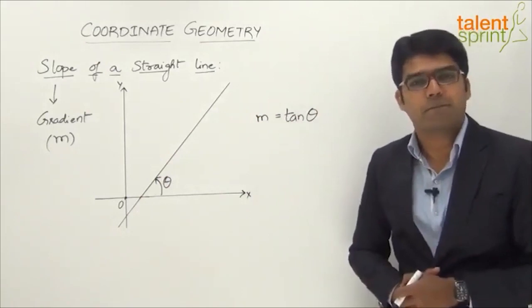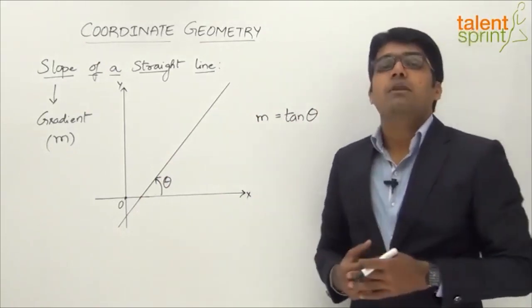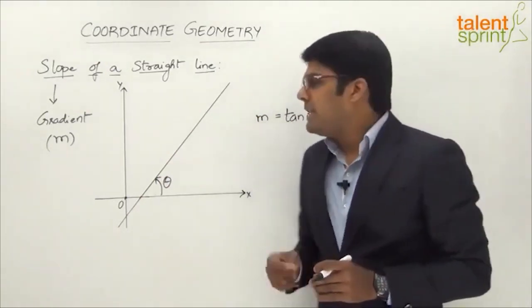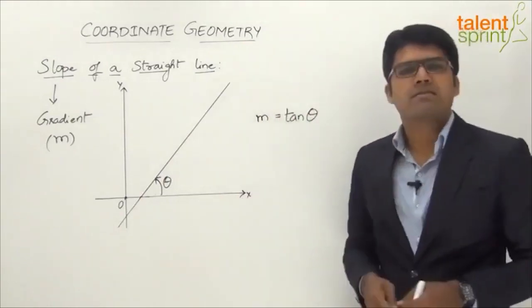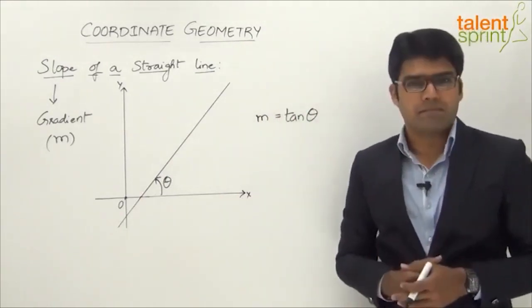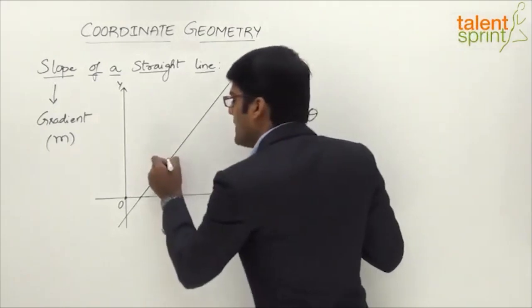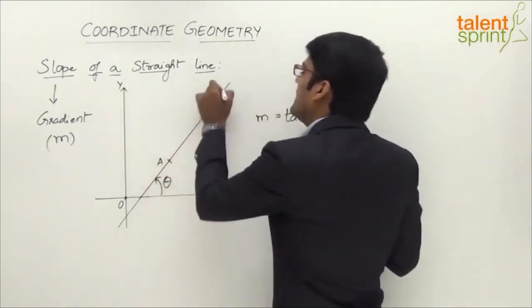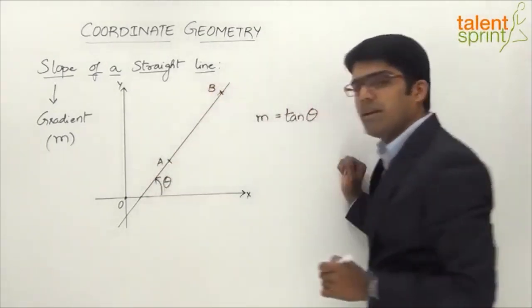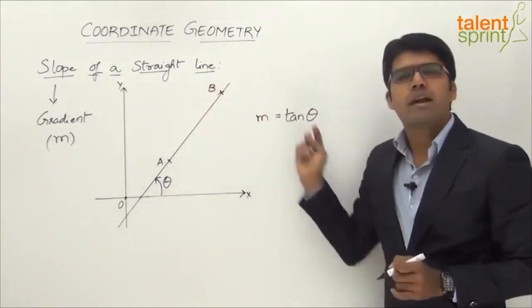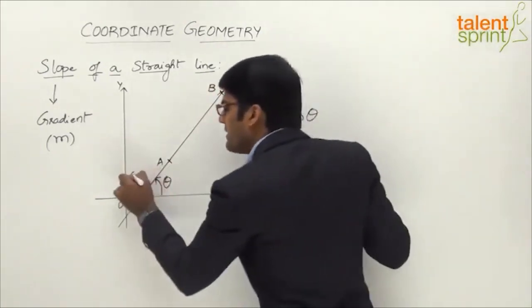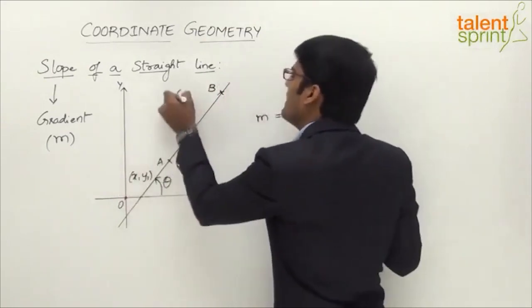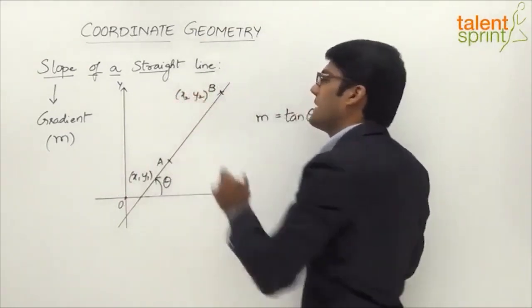As simple as that. What is the other way of calculating the slope? Well, let's assume that the straight line passes through two points A and B, where the coordinates are x1, y1 and x2, y2 respectively.